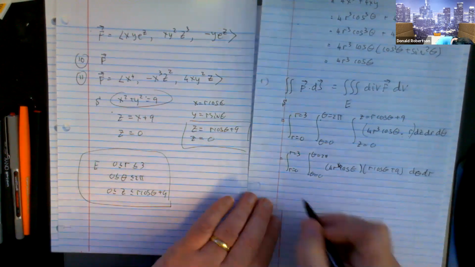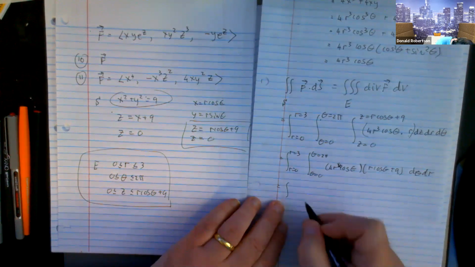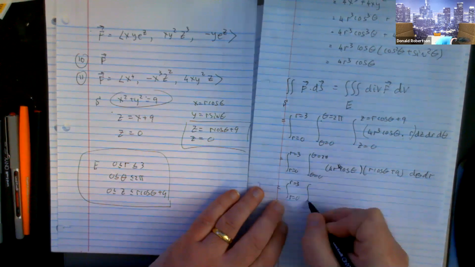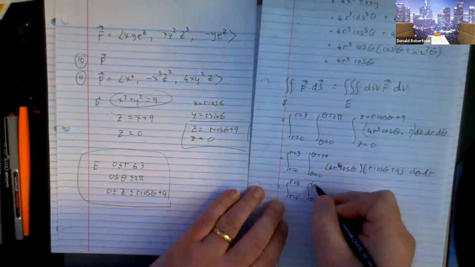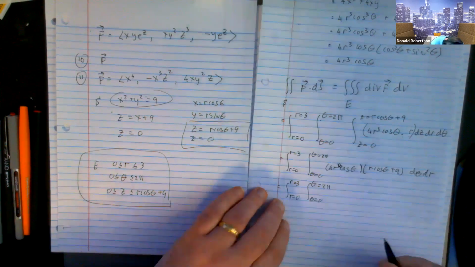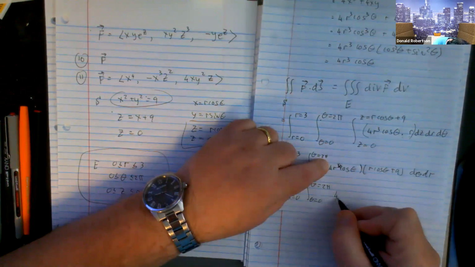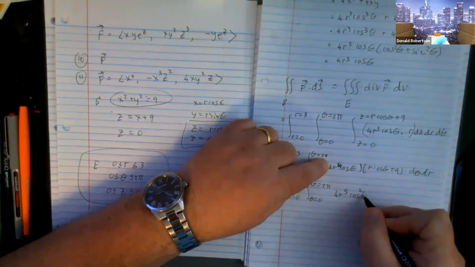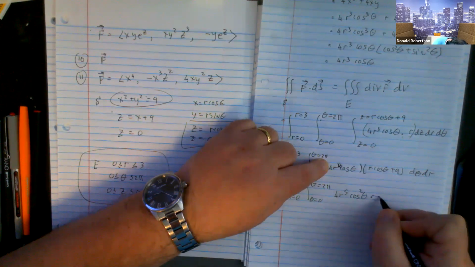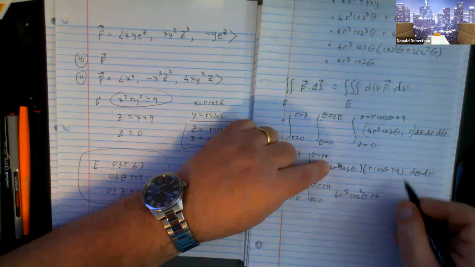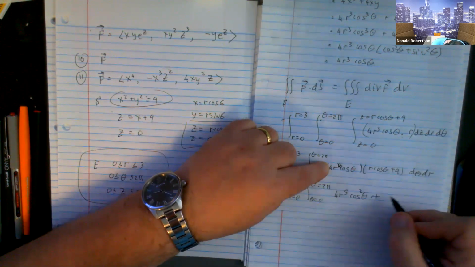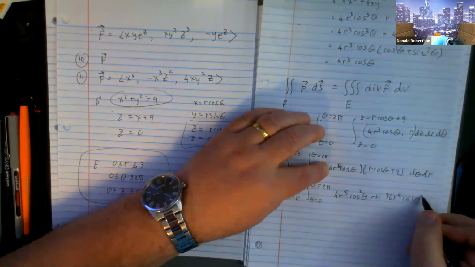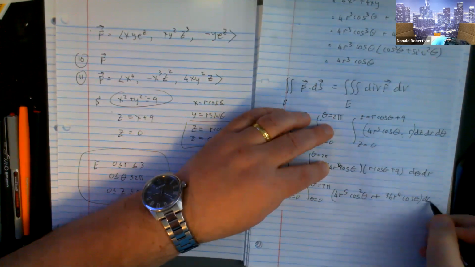Let's see what that looks like. Well, you multiply this by this, you get 4r to the 5 cos squared theta. And then you get plus, what's that, plus 36 r to the 4 cosine theta d theta dr.